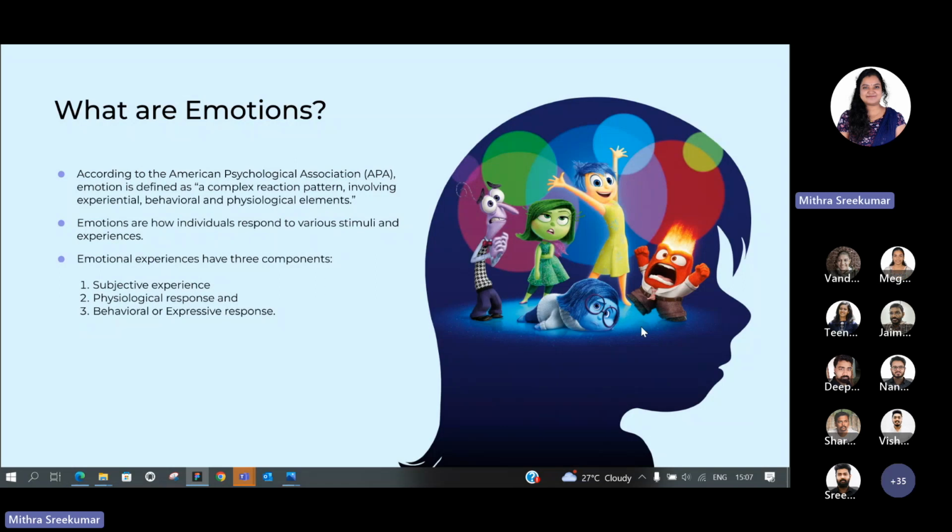The third one is the behavioral or expressive response. That is how a person expresses what they feel in the face and all. If I'm having some sadness, then that is reflected on my face, and my behavior and gestures are all controlled by that. These are the components of emotions by which we express ourselves.